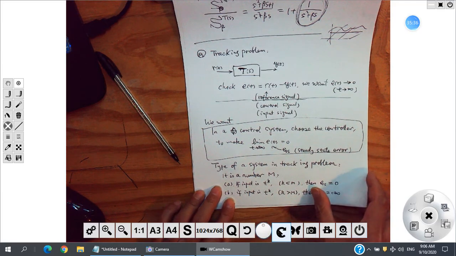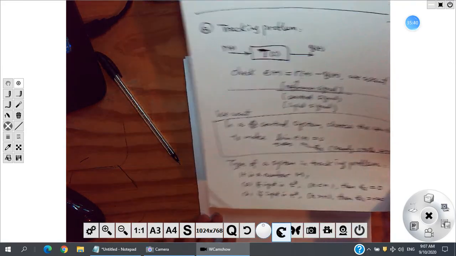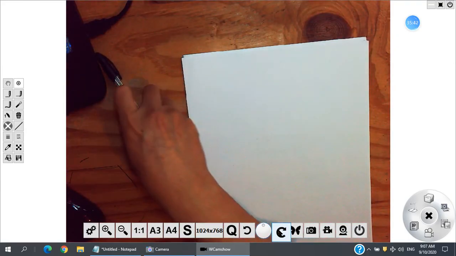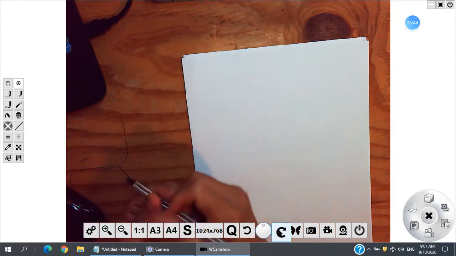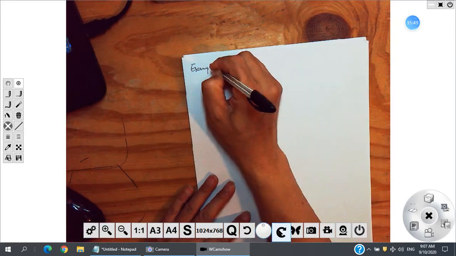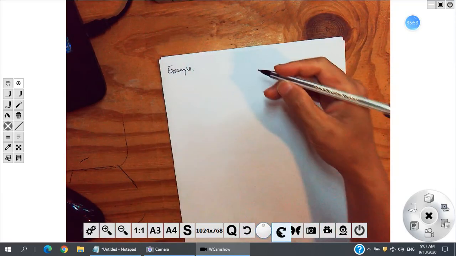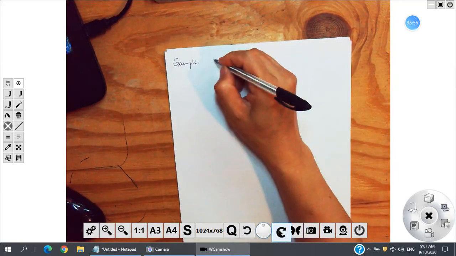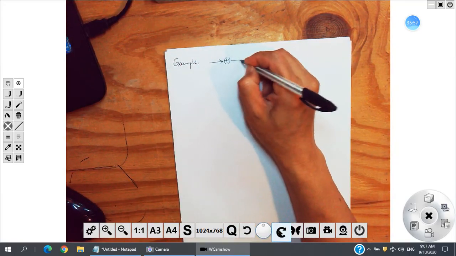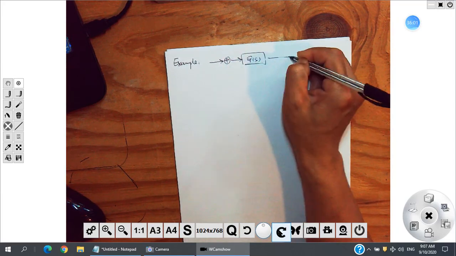Okay. We can have a look. We check an example. We still consider a feedback system, just a unit feedback system.